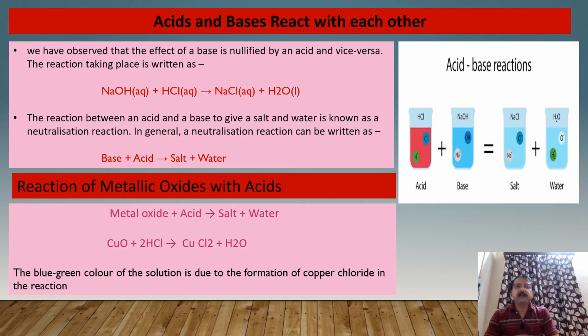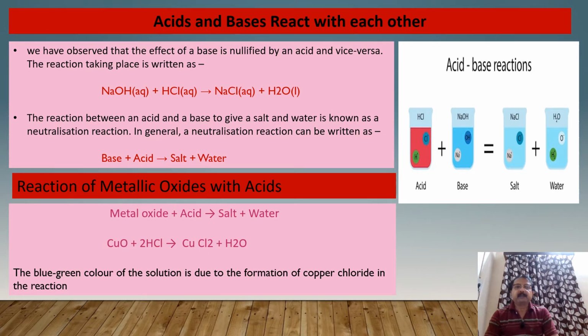Here we will see reaction between acids and bases. We have observed that the effect of a base is nullified by an acid and vice versa. The reaction taking place is written as sodium hydroxide plus HCl. Sodium hydroxide is base, HCl is hydrochloric acid.